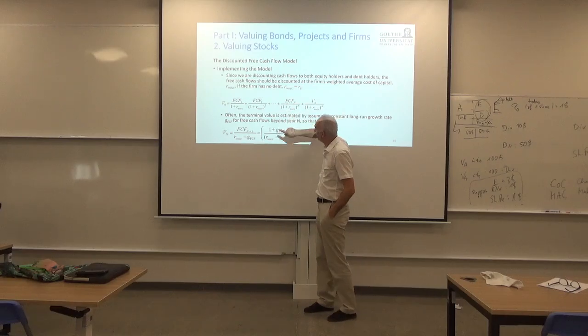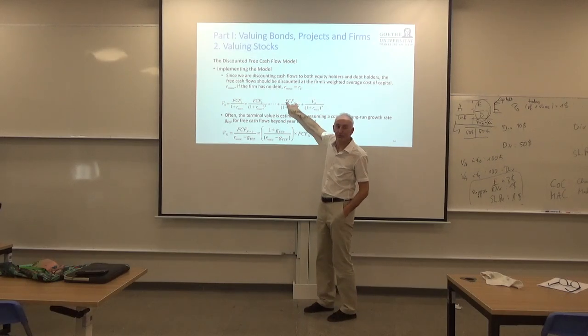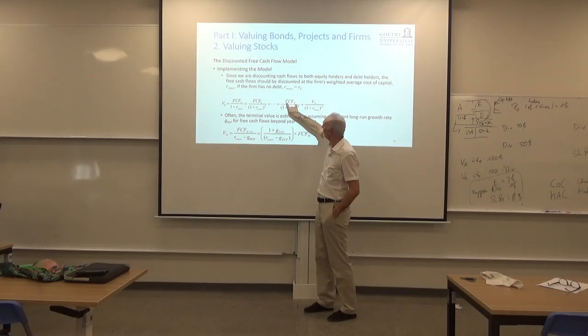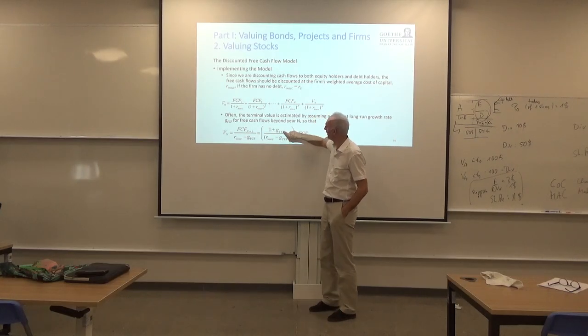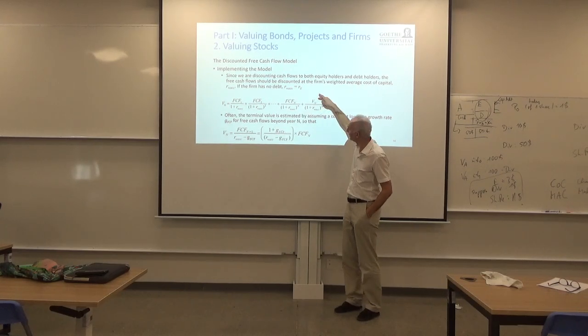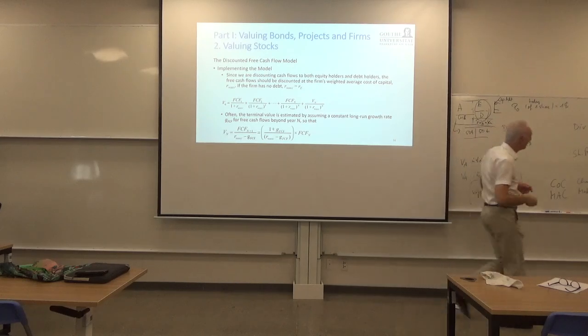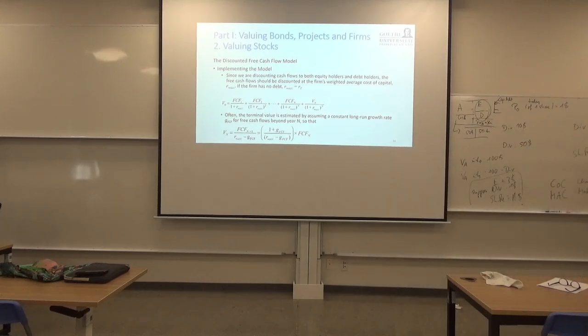And if this is the last free cash flow that you estimate, then this n plus 1 is of course the free cash flow times 1 plus g. This is always P0, and this is always dividend 1.